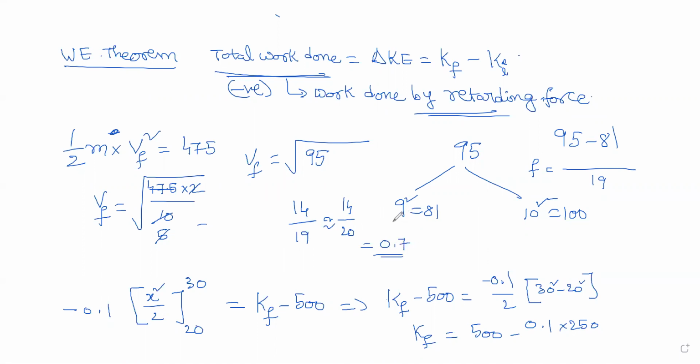Square root of 9 square is 9. So the answer is approximately 9.7 meters per second. That will be the final velocity. Even if they ask you final velocity, approximately the answer will be around 9.7 meters per second.